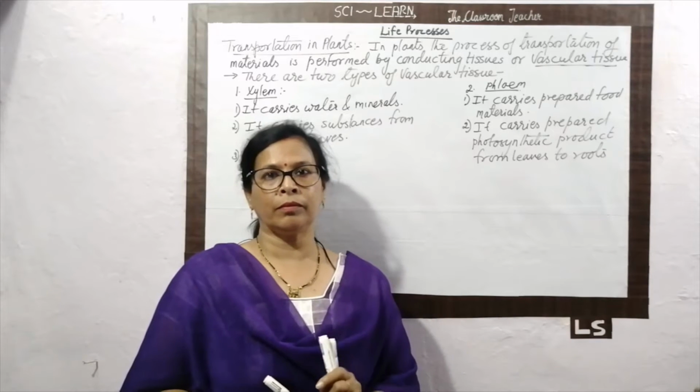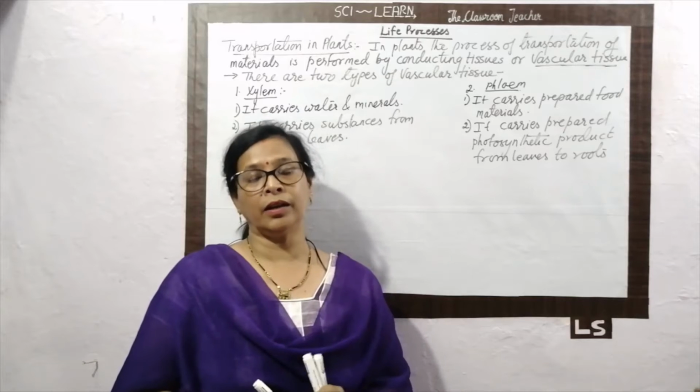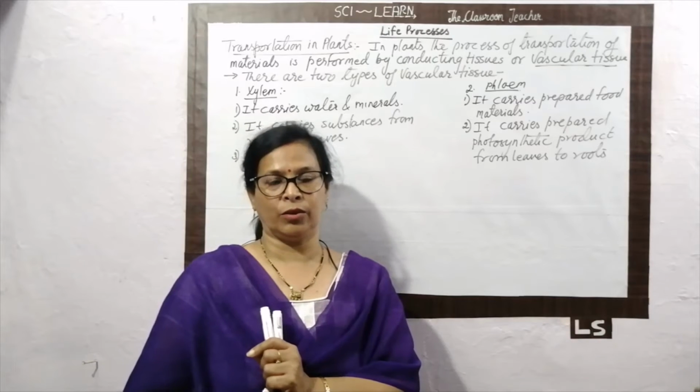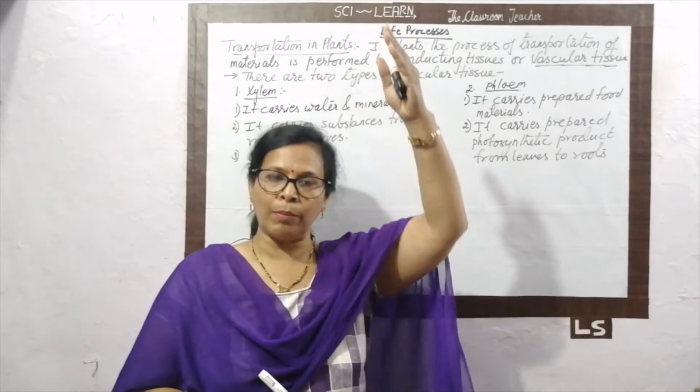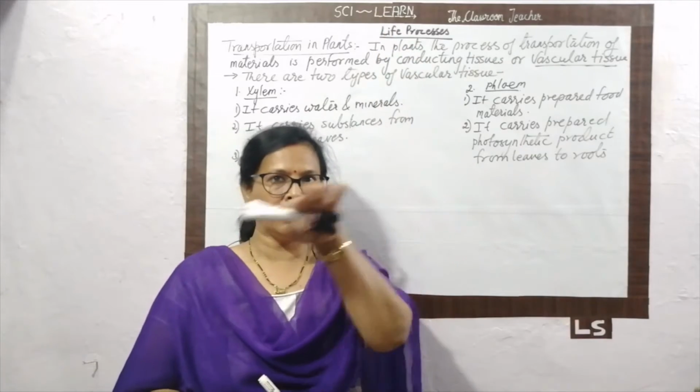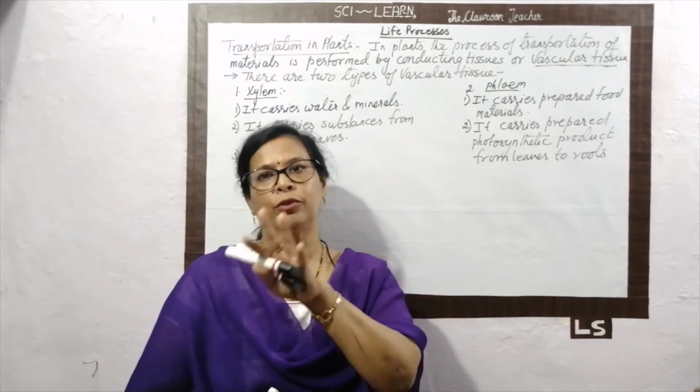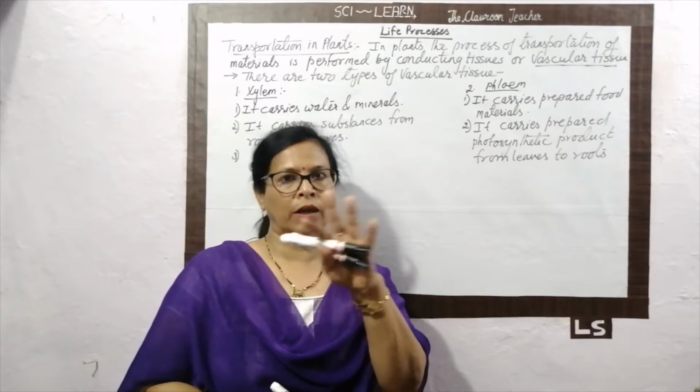But phloem transports the material in multiple directions. It goes from upward to downward, lateral, even on the side. The food is transported throughout the plant.